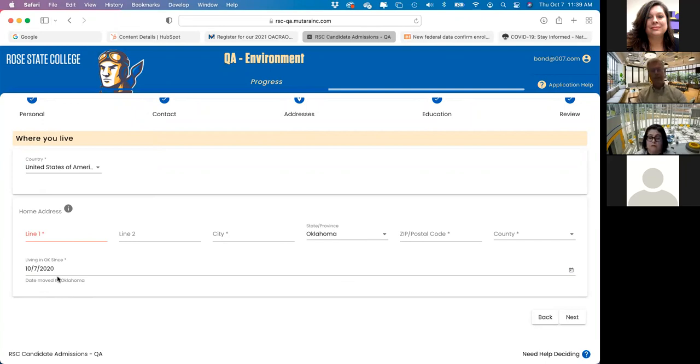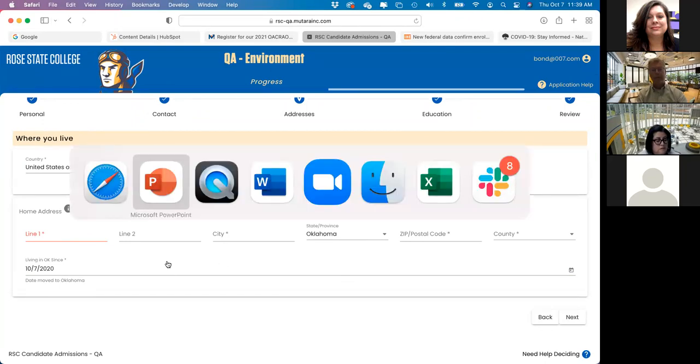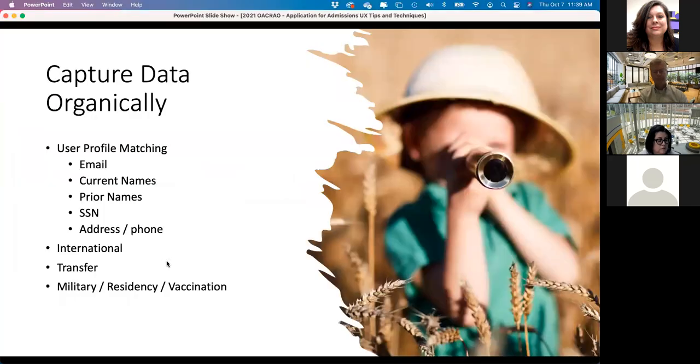So the idea is that we're gathering this data in an organic way that makes sense to the candidate. They're not asked questions that don't make sense. Our previous application had a very confusing question: how many months and years have you been here? The way it was laid out was confusing, so they might actually put the number of months in the year spot.